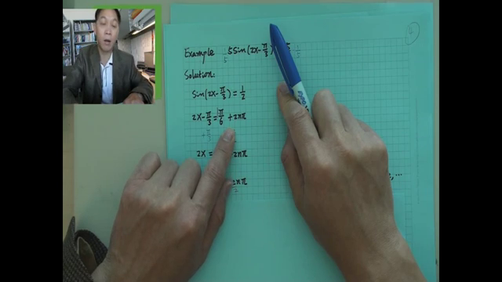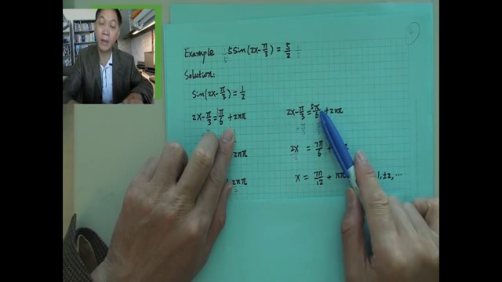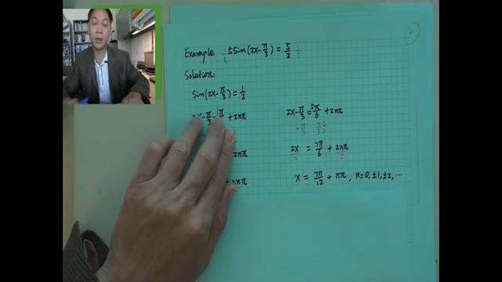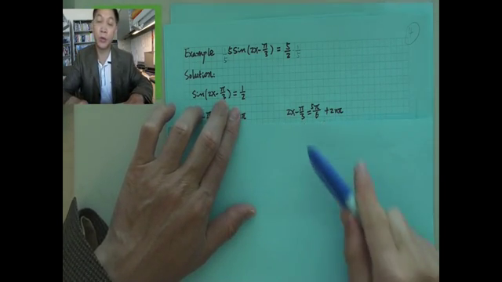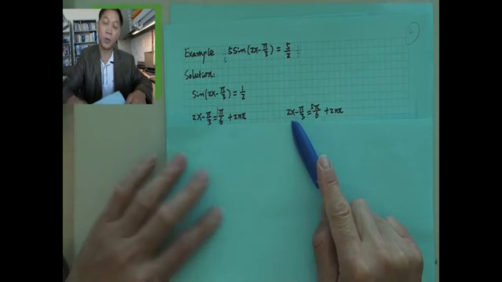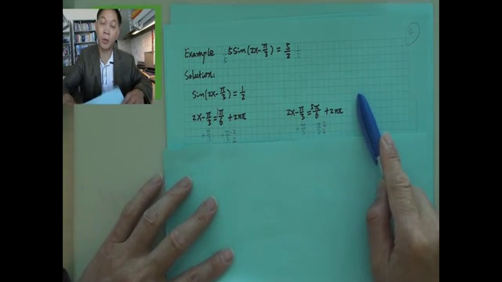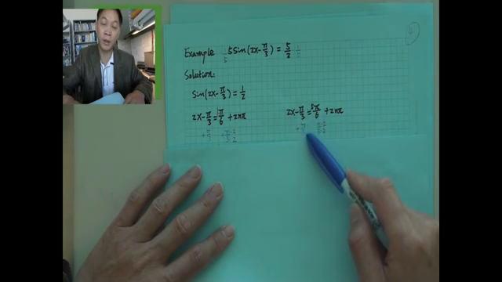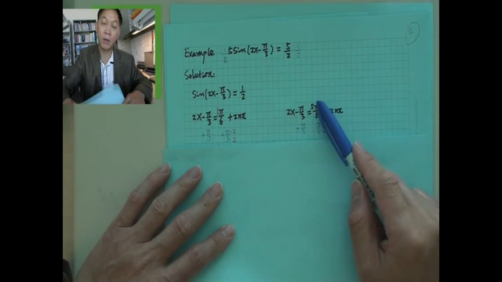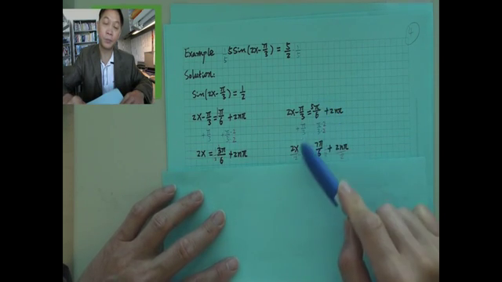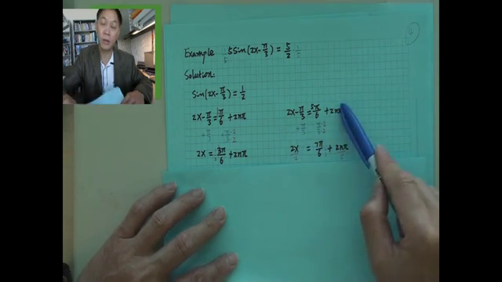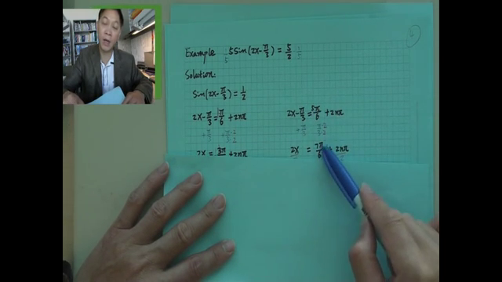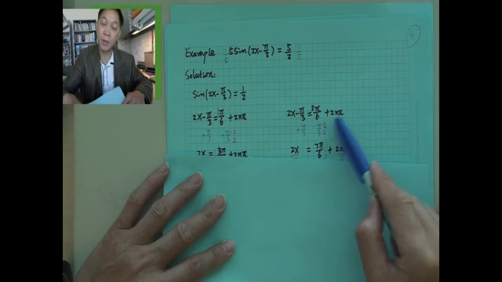Now, how about 5π/6 plus 2nπ? Here, again, you want to solve for x. You add π/3 on both sides. You cancel this π/3 on the left. Then you have a 2x on the left, and here 2 plus 5 is 7π/6 plus 2nπ.